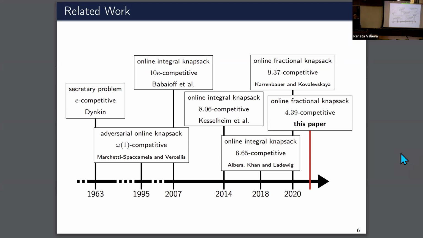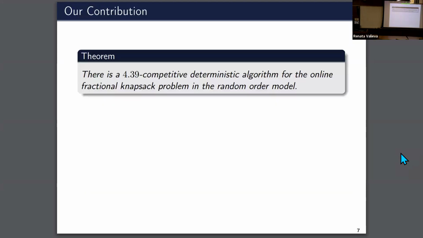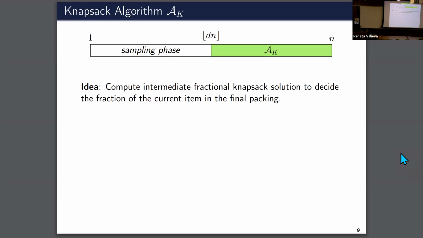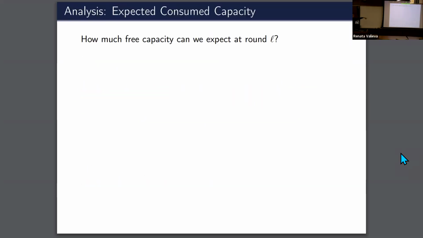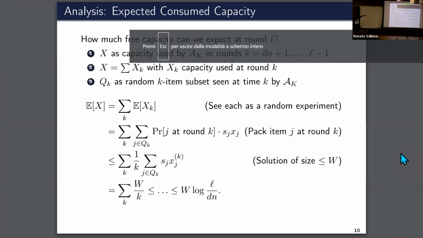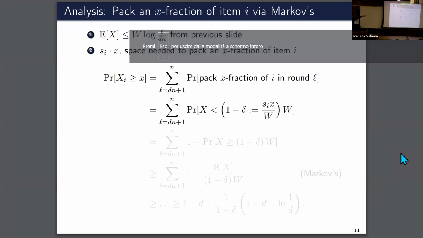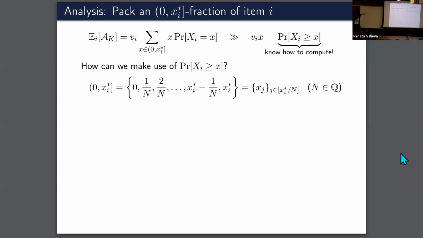Good. Any other questions? Do they also combine with the secretary algorithm? Yes, they do. In some sense, their algorithm here, or at least their analysis, has a worse competitive ratio because you don't have all these intervals.